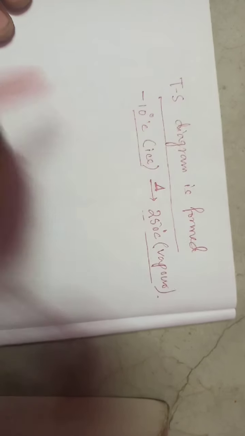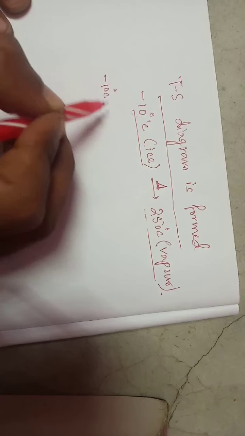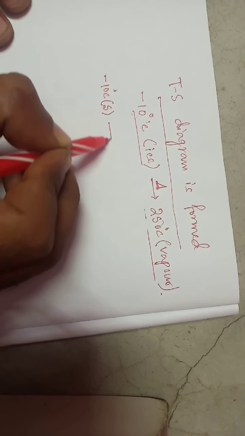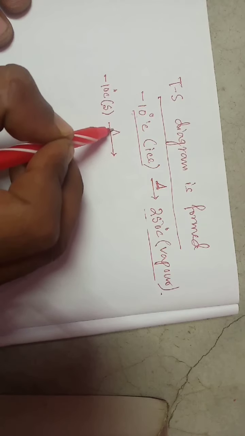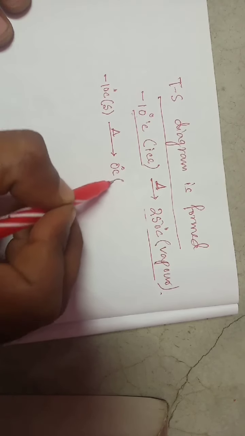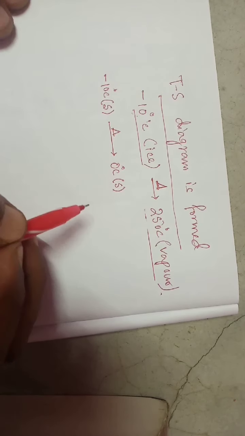So what will be the first step? Minus 10 degrees centigrade of ice, which is in solid form, will take sensible heat and ultimately come into 0 degrees centigrade of solid condition. Means it remains in ice condition.